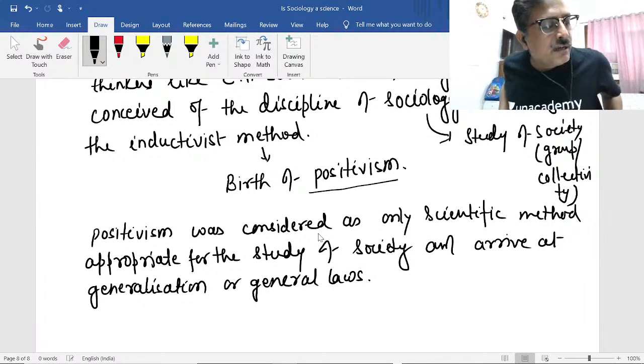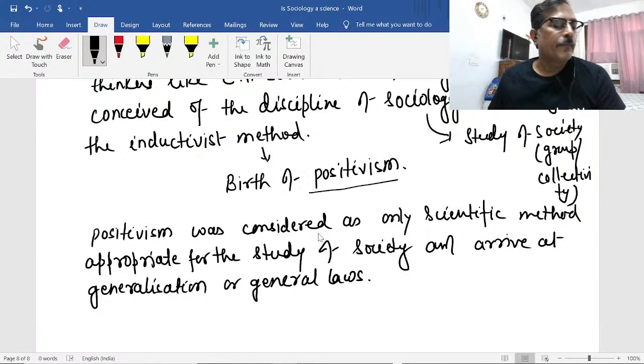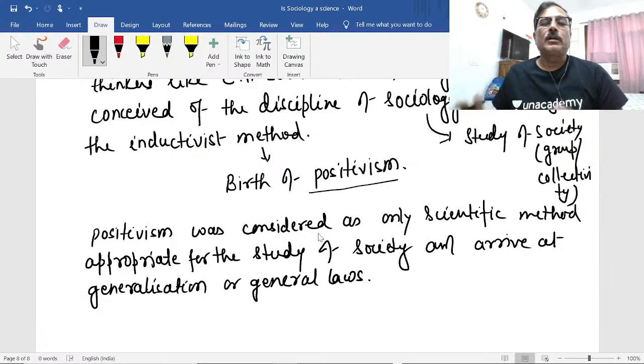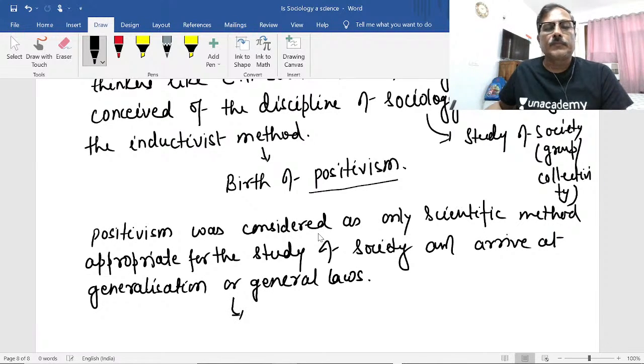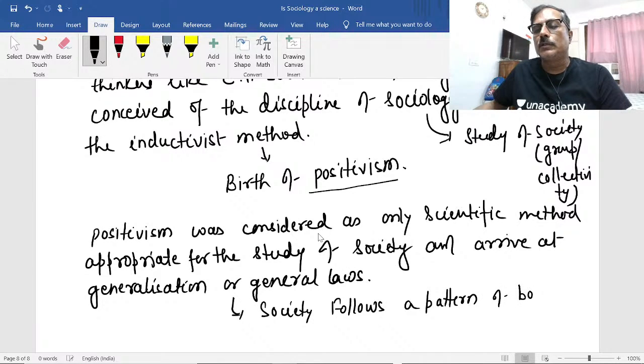Means the way we have laws in physics and chemistry and astronomy, general law, abstract law, in the same way, we can also discover the laws of society. And the presumption was society follows a pattern of both functioning and change, right?